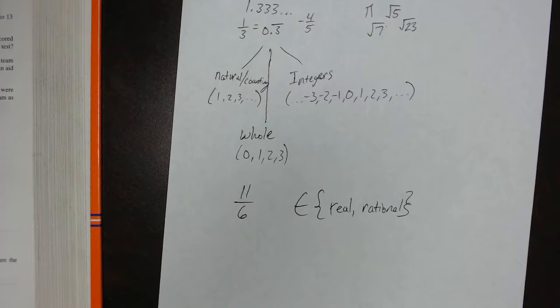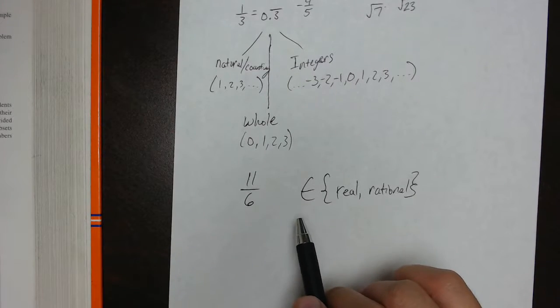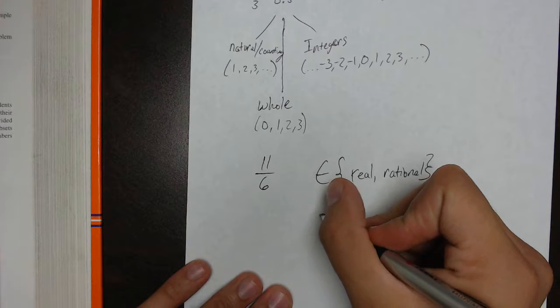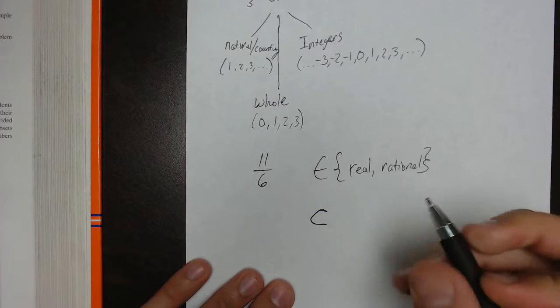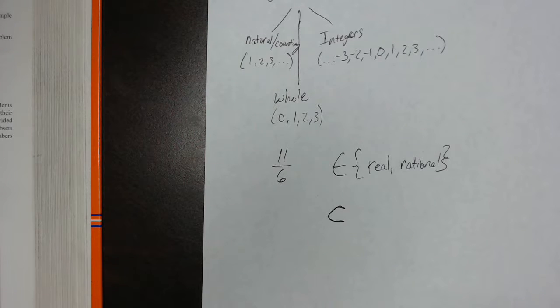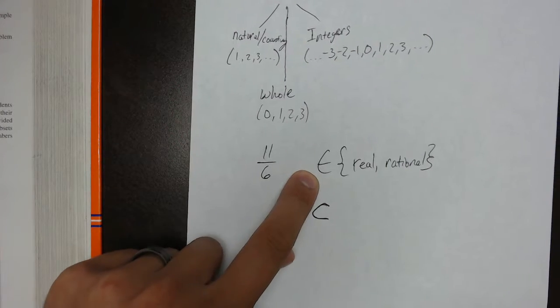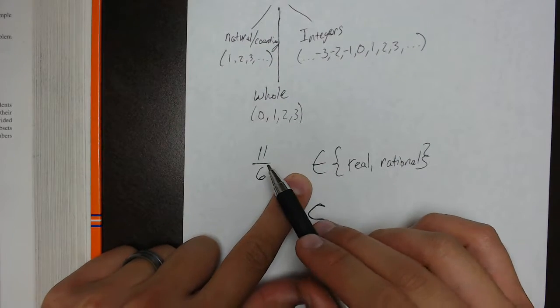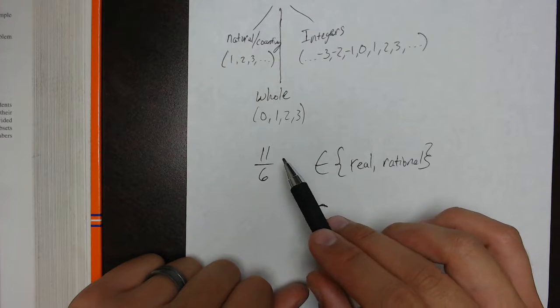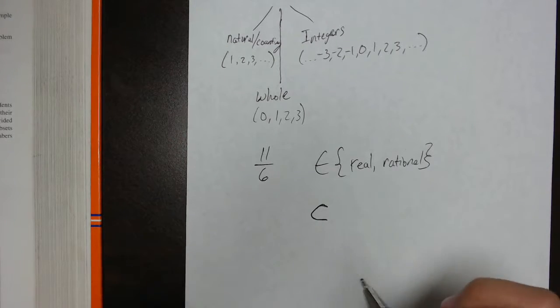Now let's talk about subsets. There's set notation, and there's two ways to do set notation. One is this pitchfork thing that looks like a backwards E, and the other one is just this sideways U. These two signs show set numbers. The pitchfork thing just pretty much says that this number is a member of. So the pitchfork is like saying 11/6 is a member of real rational numbers.